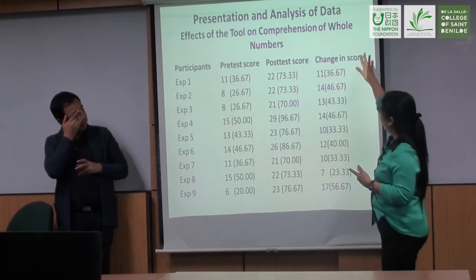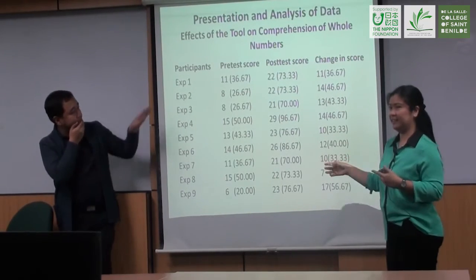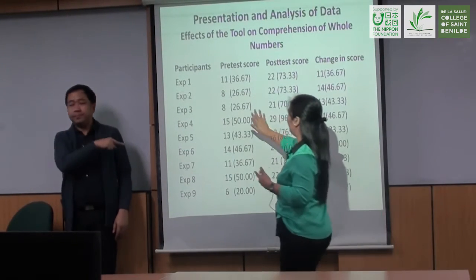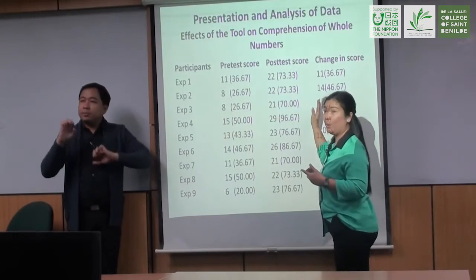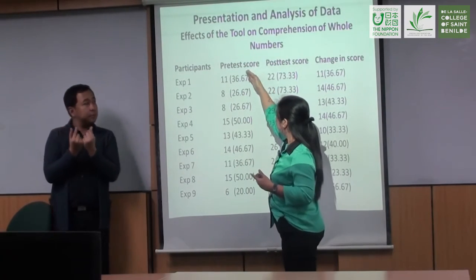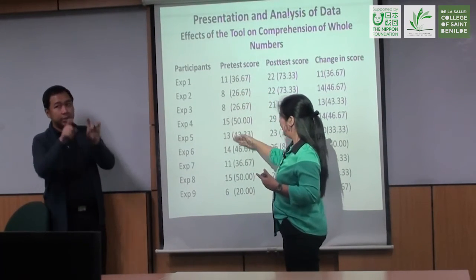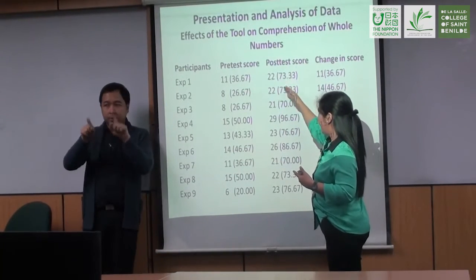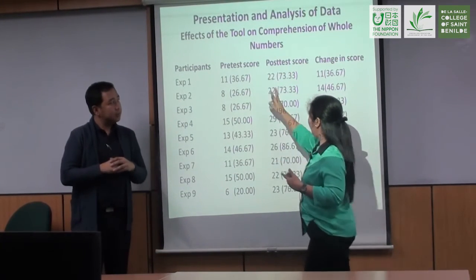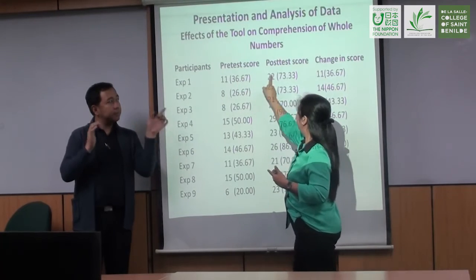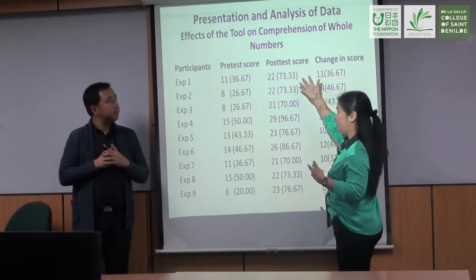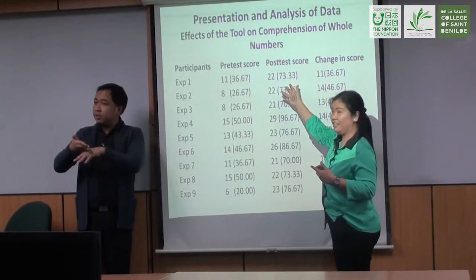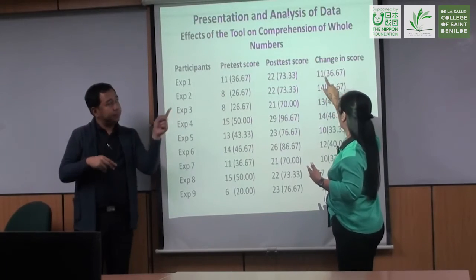Okay. Here's the data. For this one, this is the experimental group. As you can see, these are the pre-tests. And then the next column is the post-test. And comparing the two, there's an increase, right? See? And that is the change in their score.